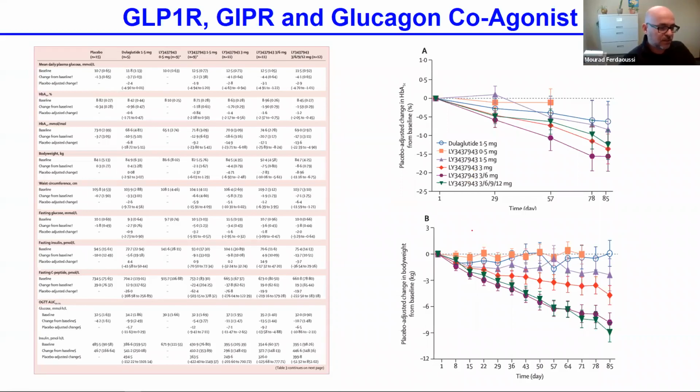More observations in these clinical studies: besides the reduction of HbA1c and body weight, they also have reduction of the waist circumference, which is one of the criteria to diagnose metabolic syndrome. They have reduction of the fasting blood glucose.